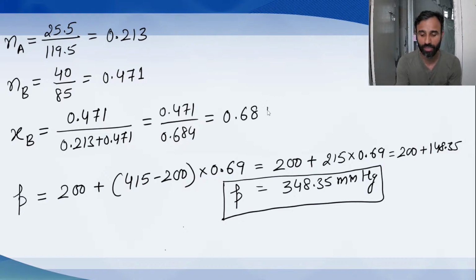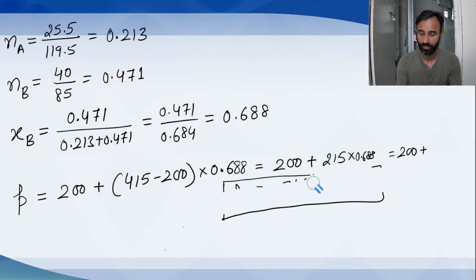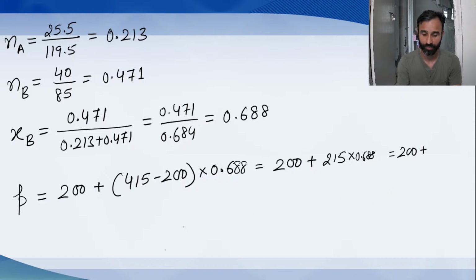Okay, but if we take exact value, that is 0.688, next is 5, then value is 147.92.